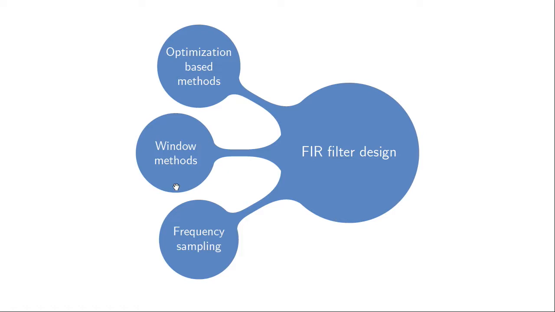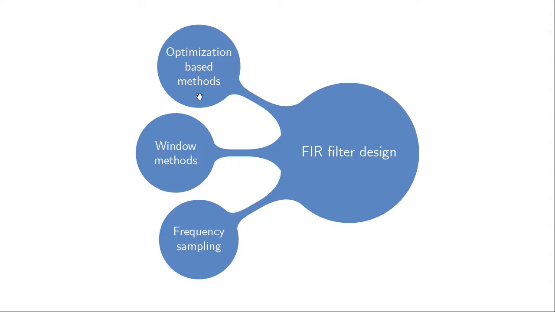We'll also look at the window method, which instead works by taking an ideal filter design and trying to remove samples from the infinite impulse response in order to build a finite impulse response with some controlled properties. But you can also think about optimization-based methods, and there are several of these, where you could essentially ask questions like, what is the minimum order filter that satisfies a given set of constraints in terms of the transfer function?